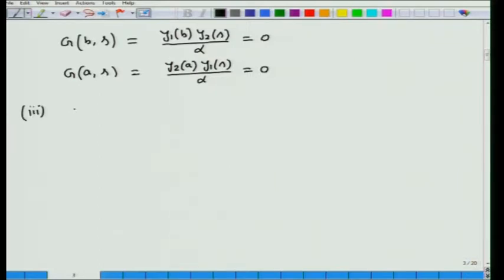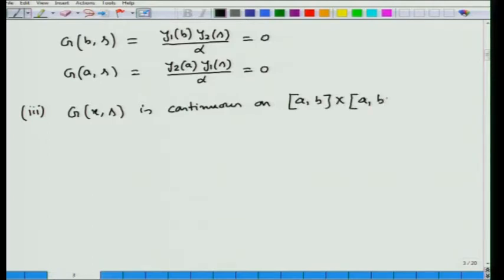Thirdly, this g of x comma s is continuous on this squared domain a comma b cross a comma b, and its partial derivative has a jump discontinuity along the line x equal to s.